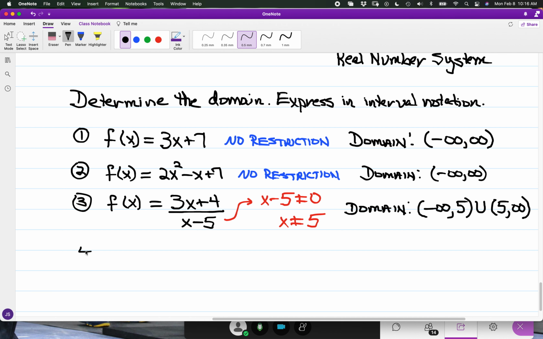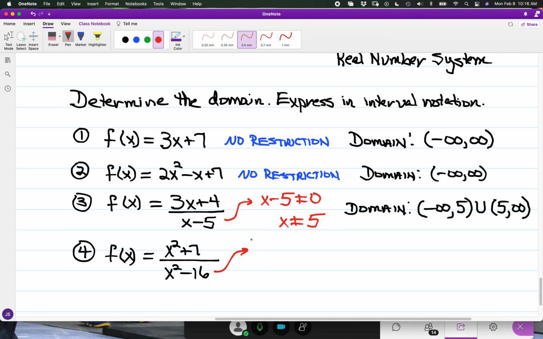And let's say we have a ratio, f of x is equal to x squared plus 7 all over x squared minus 16. I'm going to provide a little bit of a visual here.